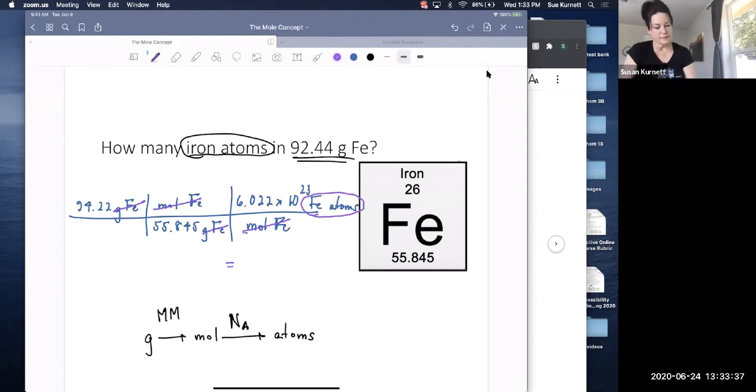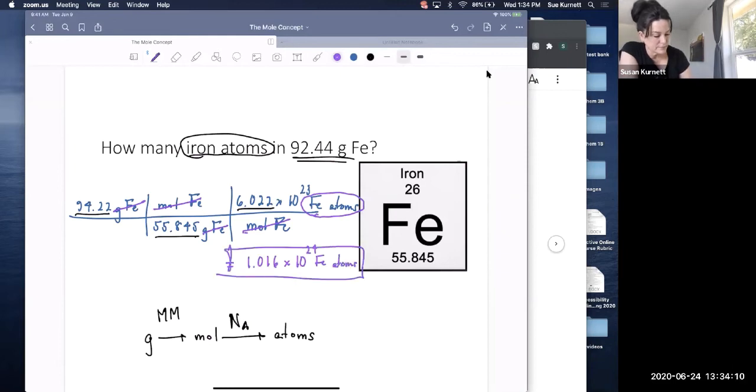I have 4 sig figs, 5 sig figs, 4 sig figs. My answer will have 4. Questions?